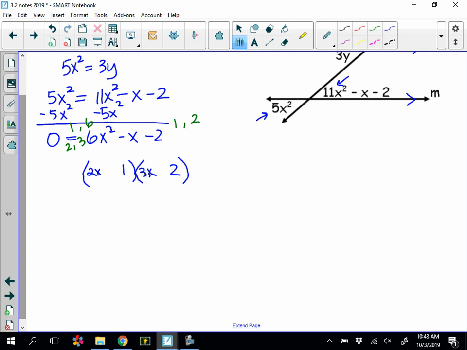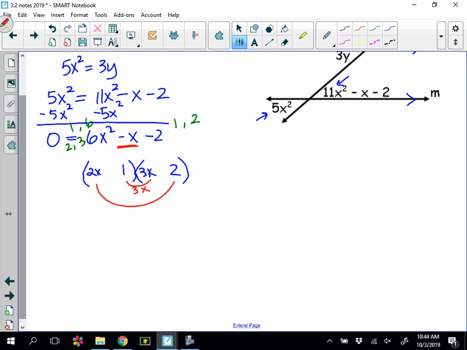Think about when you multiply binomials together. The middle term comes from adding two things together. So I check the product between these two and the product between these two, and when I add or subtract those together, it will give me this middle term. If I do 1 times 3x, I get 3x.